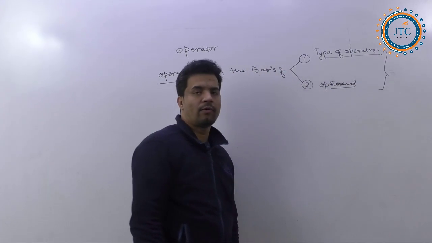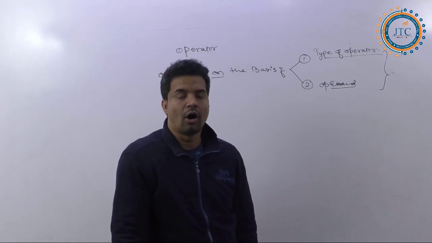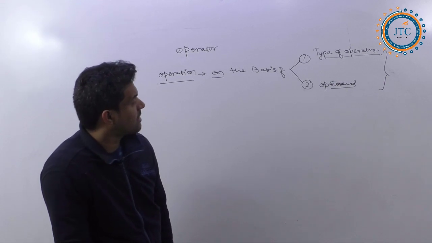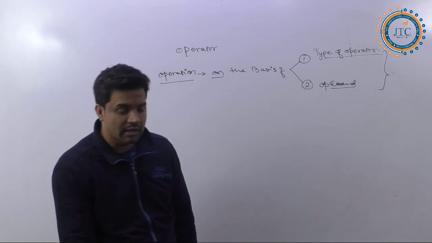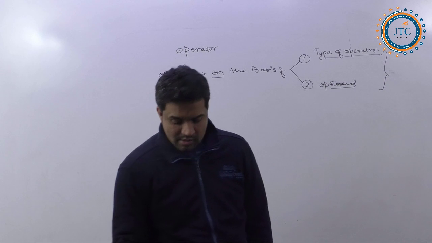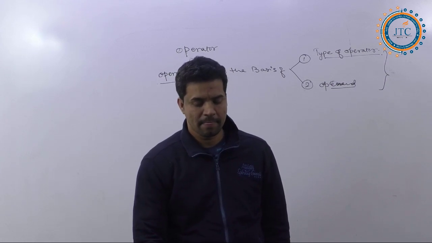So one is the type of operator and second is the operand. Based on that, there are different types of operators we have. Now let's see what all different types of operators we are having here.